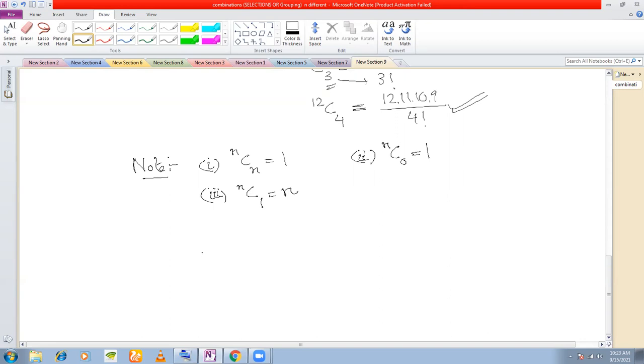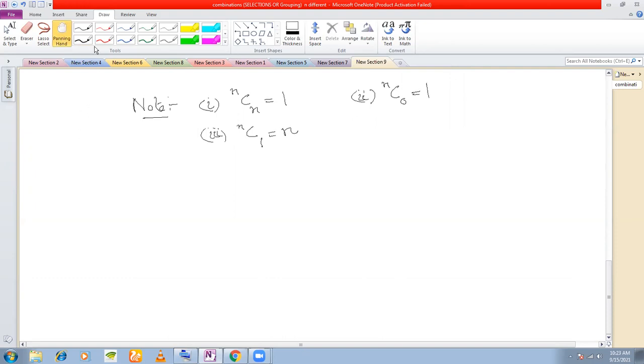Why? In a class of n students, I want to select one student. In how many ways can I do it? N ways, right? I can select student 1 or student 2 or student 3 or student 4, and we carry on till n. So that is what these three you can remember.